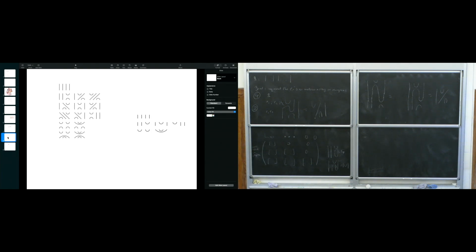Now the point is, each of the diagonal parts provides an irreducible representation of the algebra.